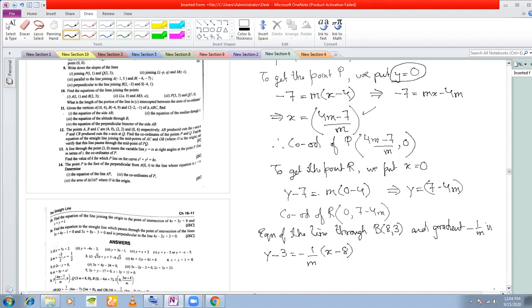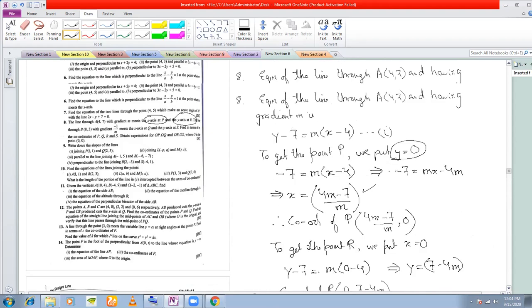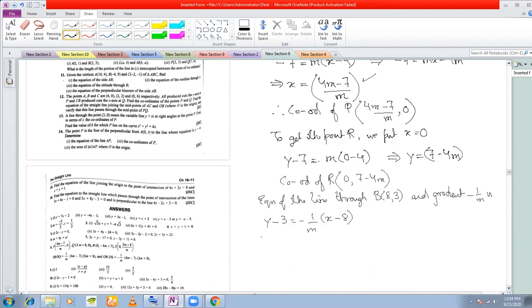This is again the point slope form. It meets the x-axis at Q. To get the point Q, we put y is equal to 0.